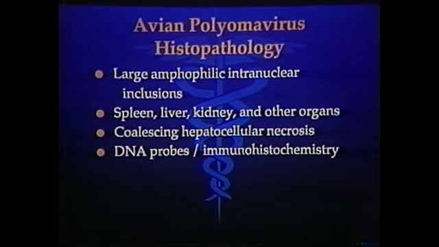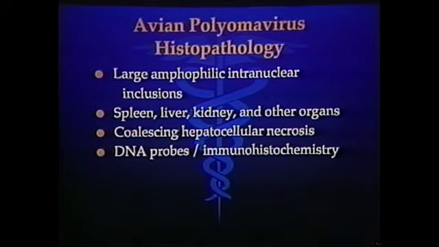Histologic changes in avian polyomavirus infection include the presence of large amphophilic intranuclear inclusions. Although karyomegaly is the rule of thumb, you may occasionally encounter disease in the absence of karyomegaly. The primary tissues to demonstrate inclusions are spleen, liver, and kidney, although inclusion bodies are widespread in many tissues.